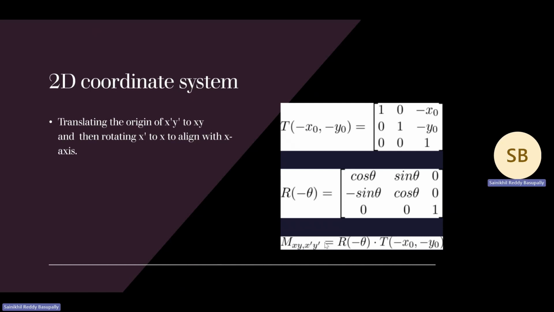As we can see in the picture over here, first we need to do a translation, then a rotation along the x-axis, and the final result will be R cross T, which will give us the correct point after transforming the coordinate system.